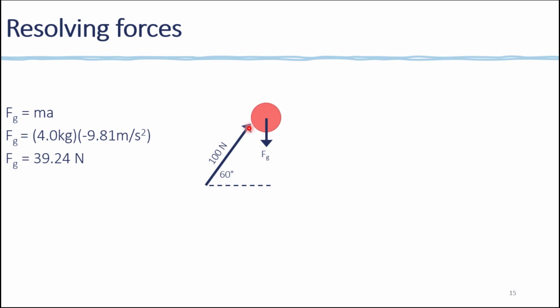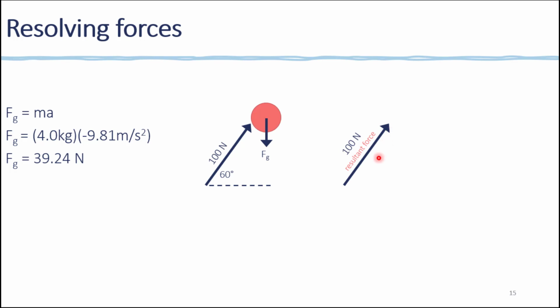So in this case, the horizontal and the vertical force components of the 100 newton force are the parts that make up this 100 newton force. And we can think of the 100 newton force as the resultant of adding the horizontal and vertical components of this force. So first, let's draw the 100 newton force as a vector. Okay, so here's our 100 newtons acting at that same angle above horizontal.